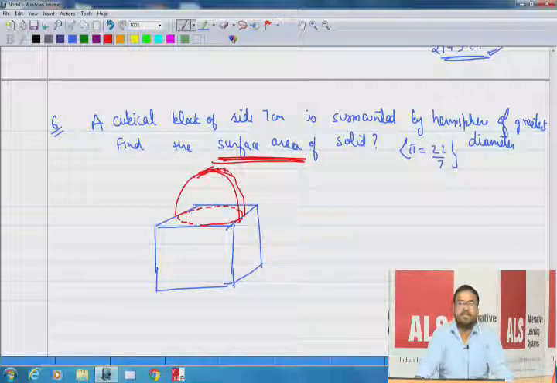No CC4, that is not the right answer. Observe the diagram carefully to see which area you have to find, which to include, and which not to include.